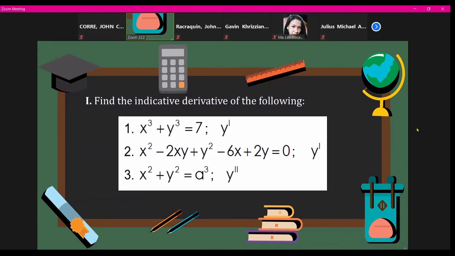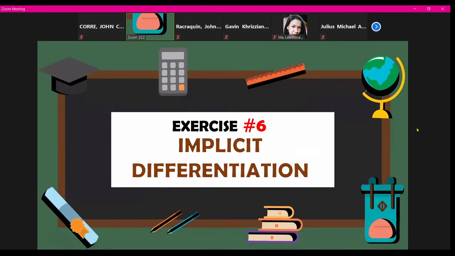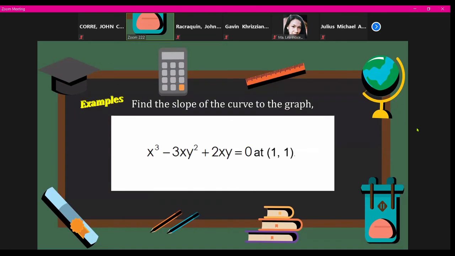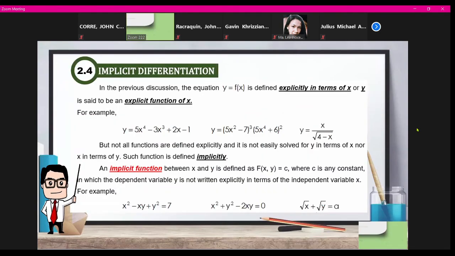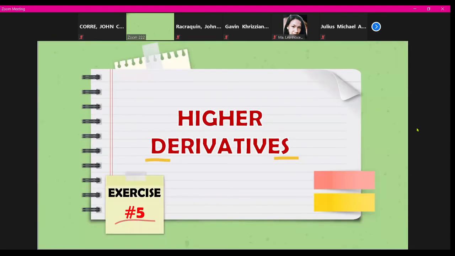Okay? But this time, guys, next meeting, ito muna. Find the slope of the part of the graph. So, di-discuss ko yan. Then, after that, yung tinatanong ng deceit. Okay. Exercise number 4. Number 5 to higher derivatives.